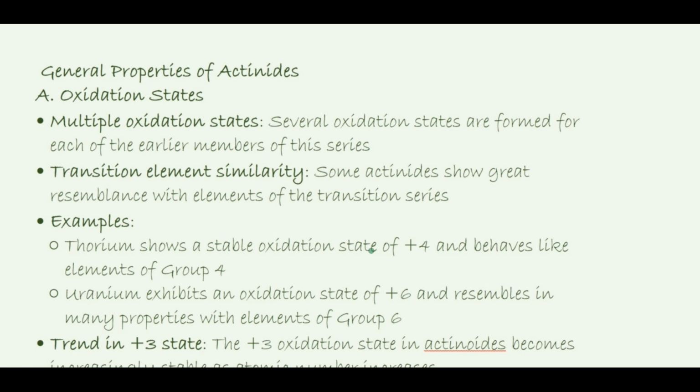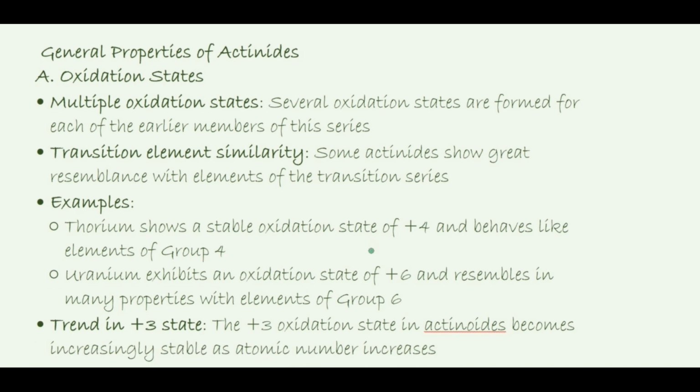Talking about actinides, the common electronic configuration is 5f1 to 14, 6d0 to 1, 7s2. The general properties of actinides: they also exhibit multiple oxidation states. The common one is +4. They exhibit +2 to +4, and show transition element similarity.